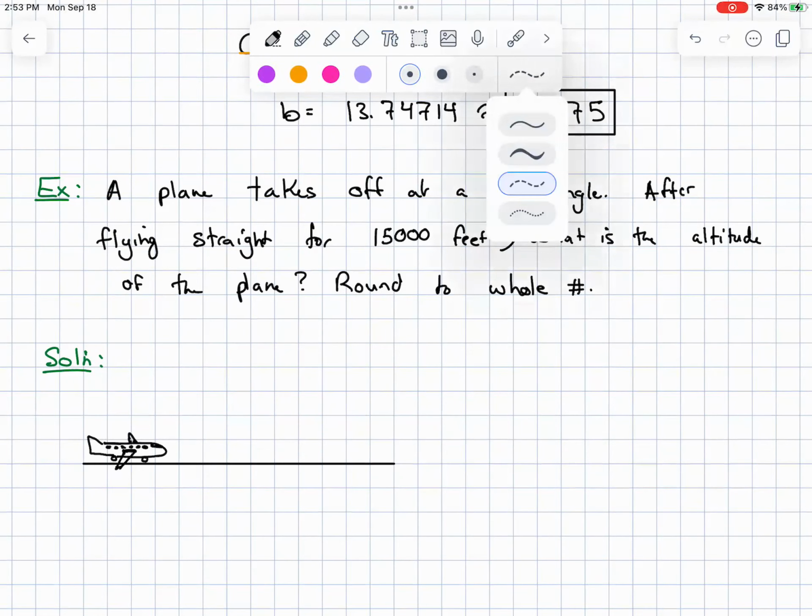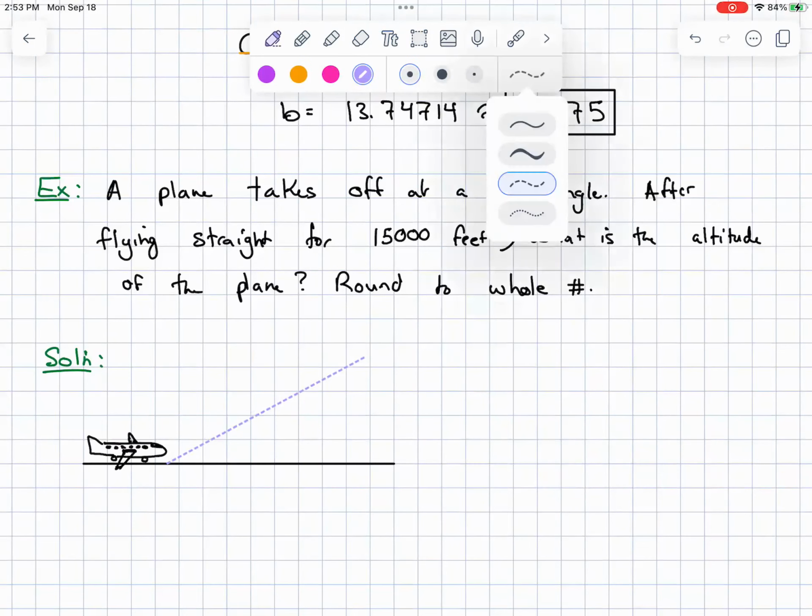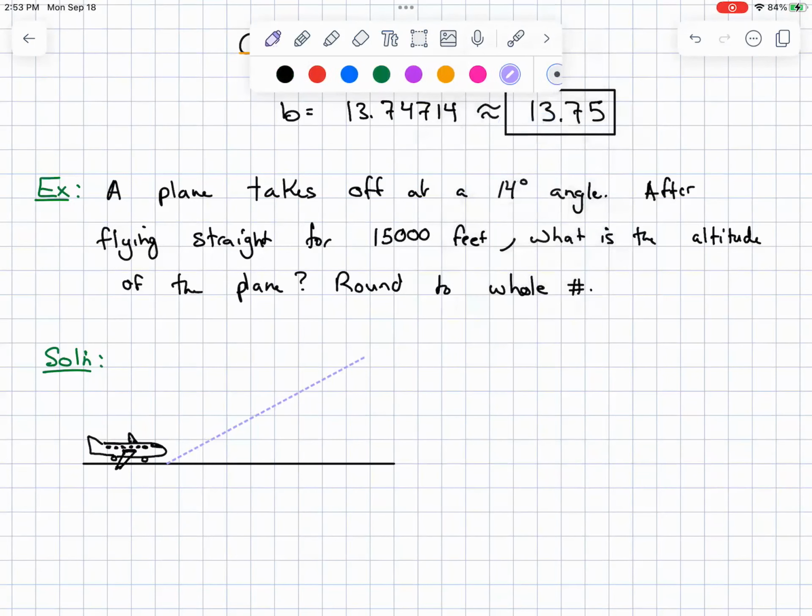And so it's flying up at a 14-degree angle from the ground. I don't know why I made it dashed, just because. And so this measurement here, this is 15,000 feet.